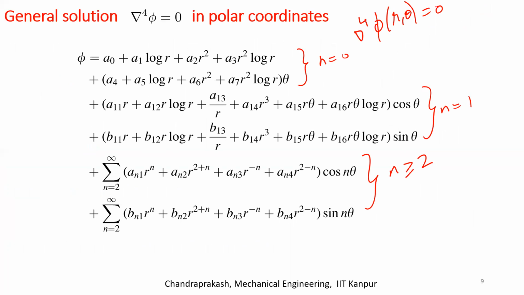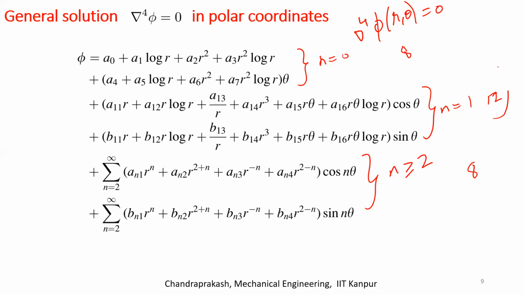How many coefficients does it have? For n equal to 0, you have 8 coefficients. For n equal to 1, you have how many? 1, 2, 3, 4, 5, 6, and 6. So you have 12 coefficients here. And for every value of n greater than or equal to 2, you have 8 other terms. So should I worry about these many terms?